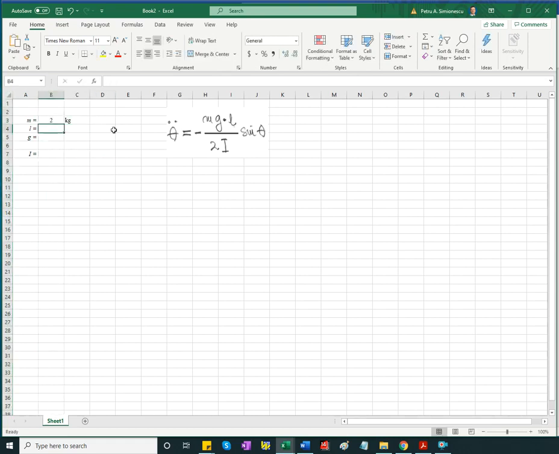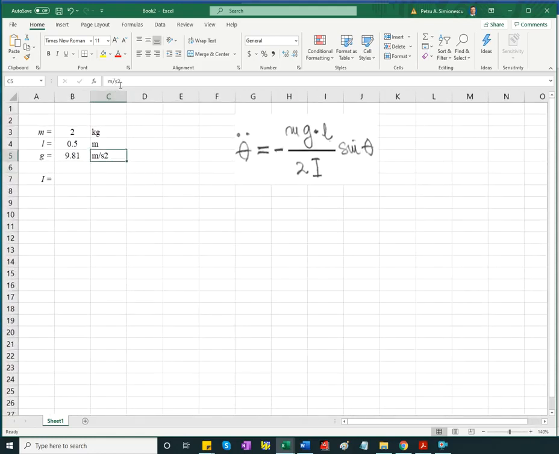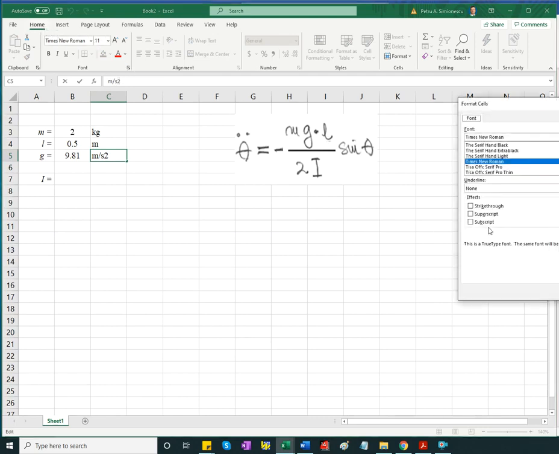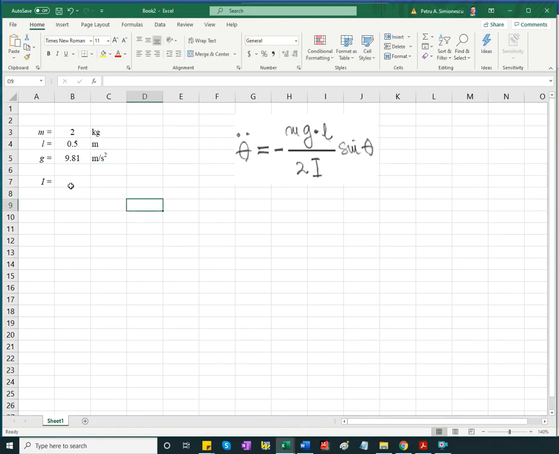And then length, I said 0.5 meters, and then I have acceleration due to gravity, 9.81 meters per second squared. Let me make this a little bigger. So I take the S and going to font, I'm going to make it a superscript. This is okay.